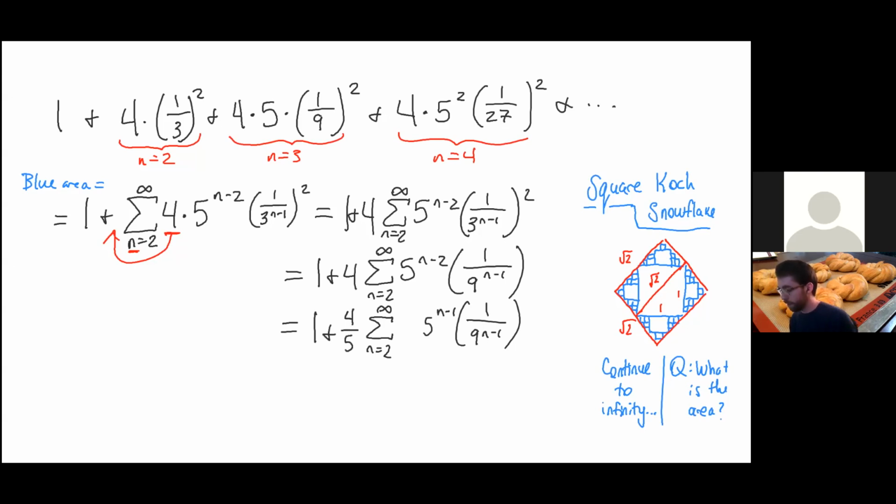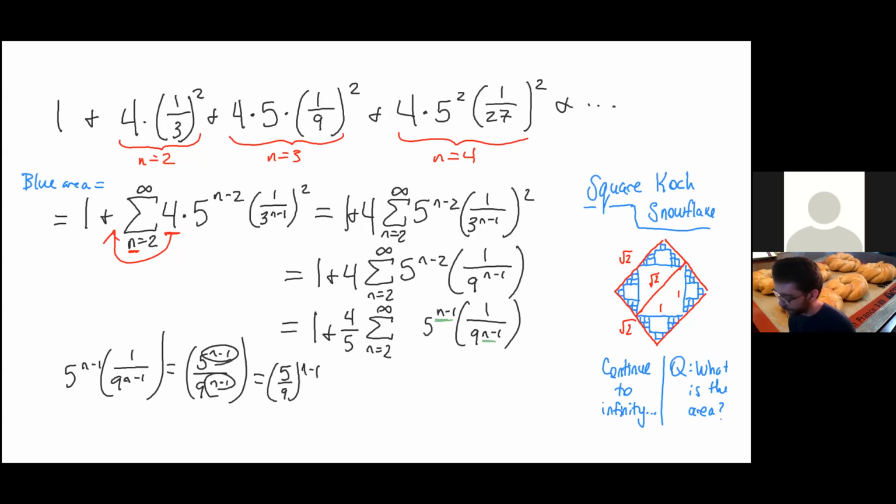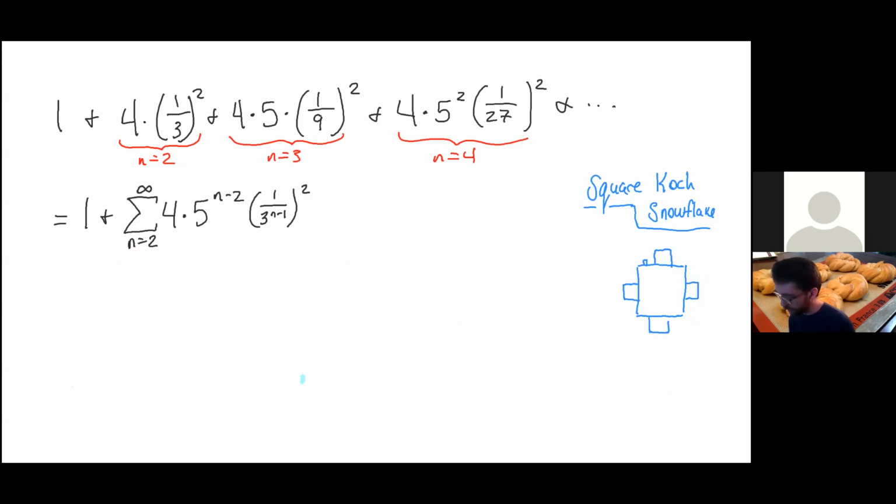And the nice thing here is these indices are the same. So, sidebar again. I could write that piece as a single fraction. That's 5 to the n minus 1 over 9 to the n minus 1. And that's the same as 5/9 all to the n minus 1, since they have the same exponent. Maybe take a second to convince yourself of that, but I'm going to go ahead and put that in.